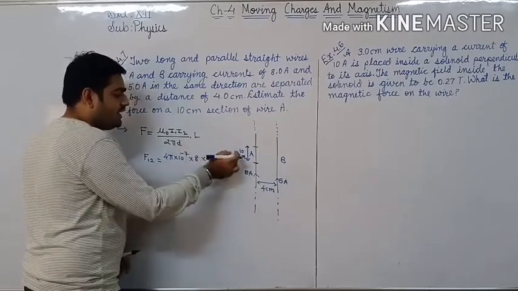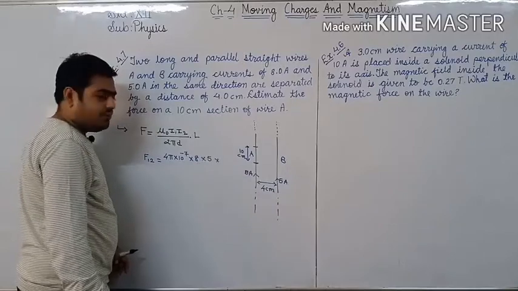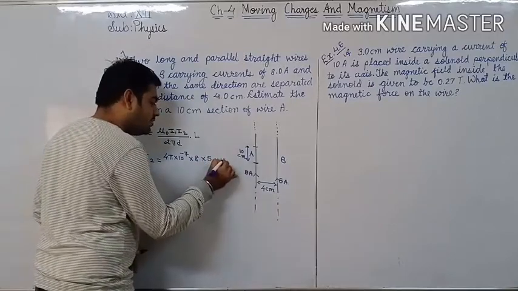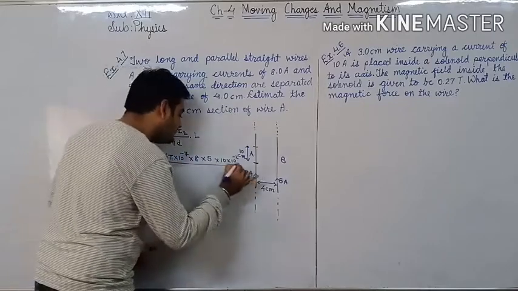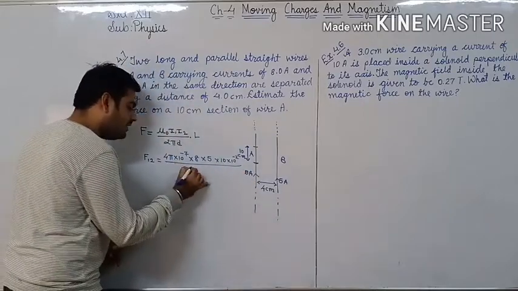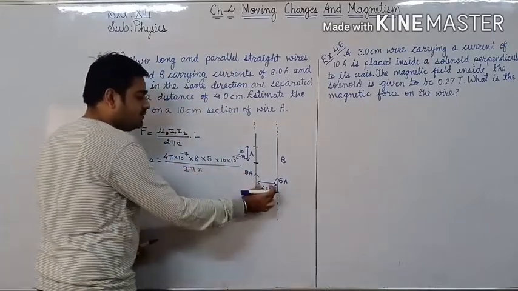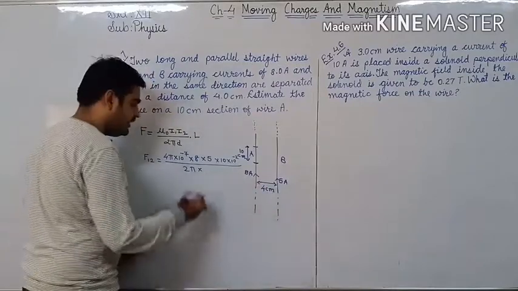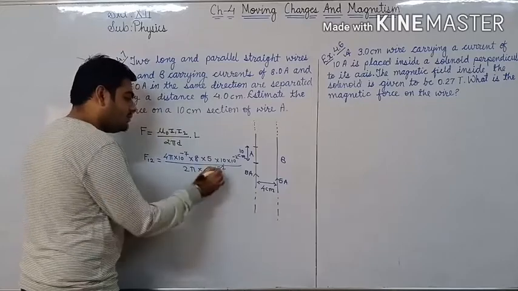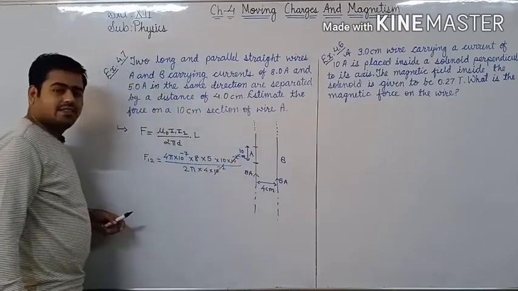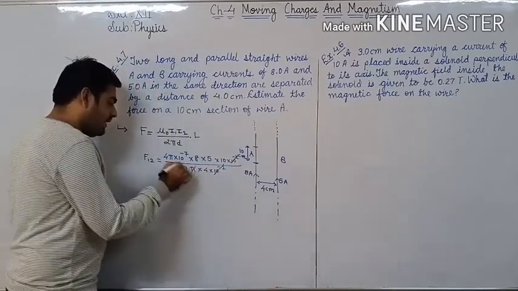What is the length of the wire on which we want to find force? 10 centimeter. So 10 into 10 raised to minus 2, upon 2 pi into the distance between two wires, that is 4 centimeter, 4 into 10 raised to minus 2. 10 raised to minus 2 will get cancelled, pi will get cancelled.